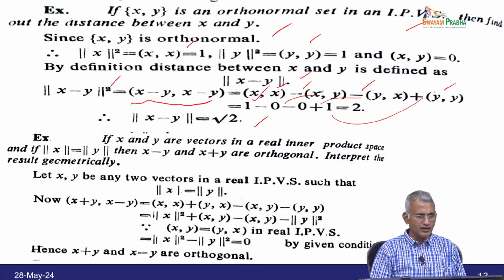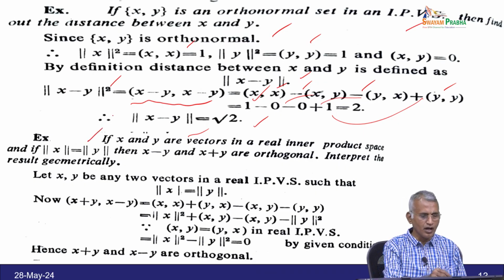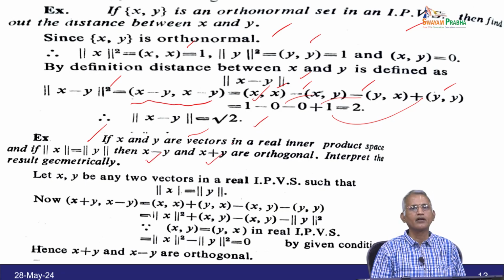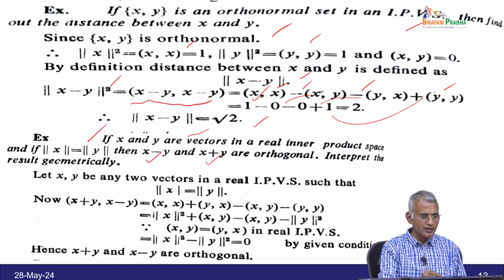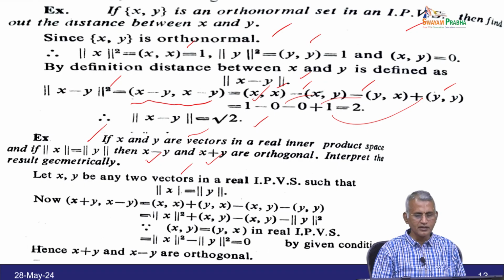Next example: if x and y are vectors in a real inner product space, and norm x equals norm y, then x minus y and x plus y are orthogonal. Interpret the result geometrically. The solution: let x and y be any two vectors in a real inner product vector space such that norm x equals norm y.